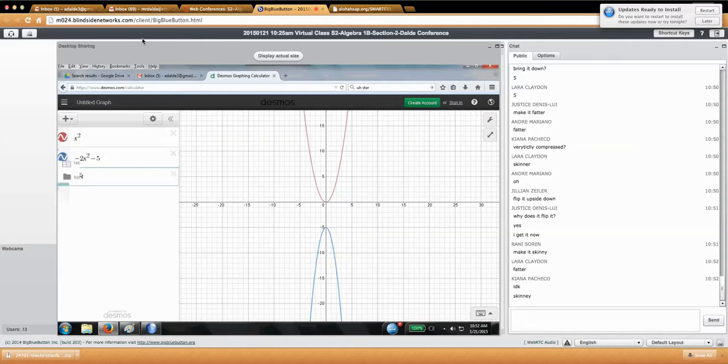Like, for example, if I just had negative x squared, what's going on? Is caps lock on? Oh, the caps lock is on. I can't turn it off. I don't know what the deal is.